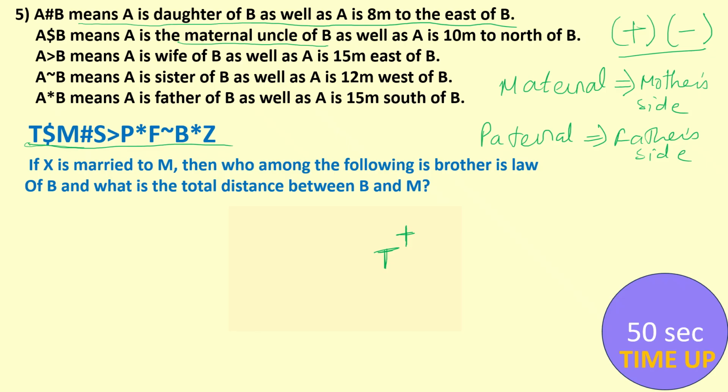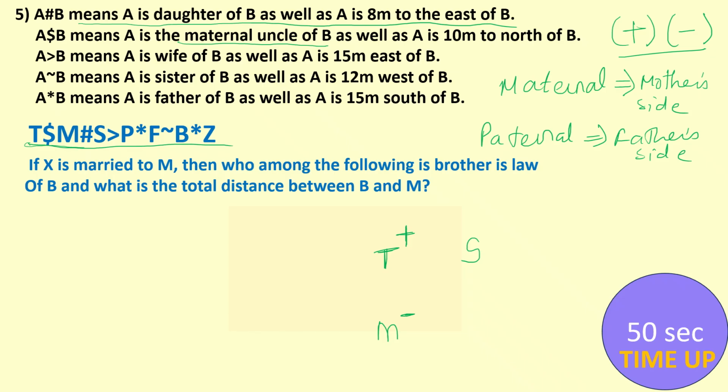Next, I'll go M hash S. M hash S means M is the daughter of S. M is the daughter of S, female, so indicated by minus sign. Now, when T will become the maternal uncle, you think?